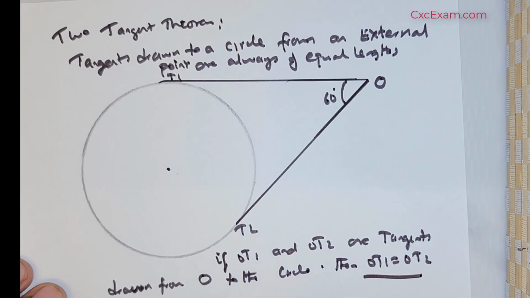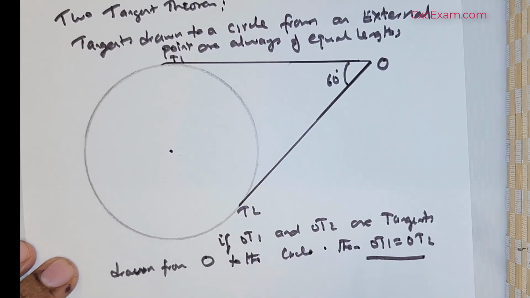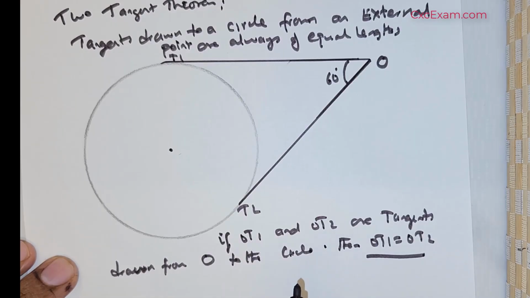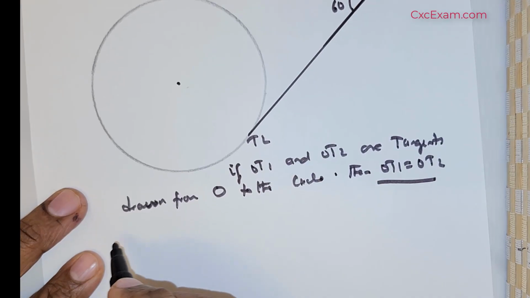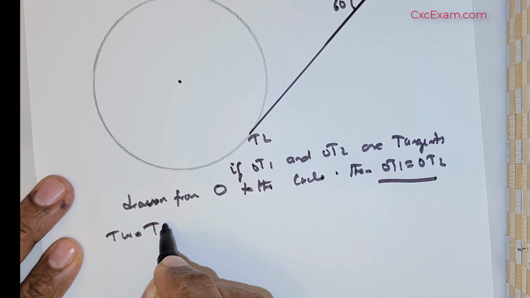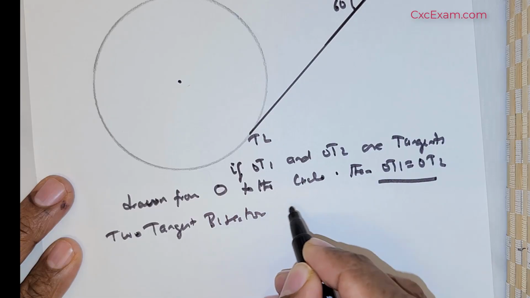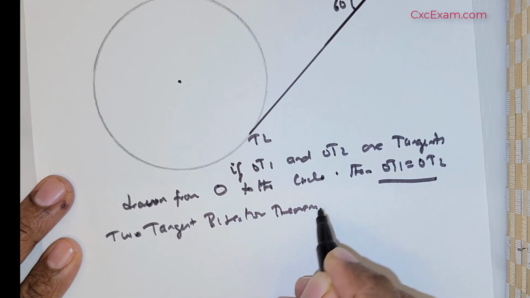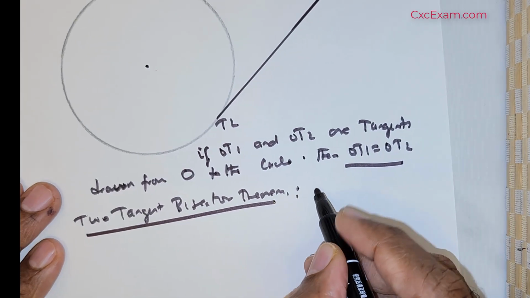Now the question is, where do we apply this? Now there is also one more subsequent theorem that follows this. This is called the Two-Tangent Bisector Theorem. So what is the statement?